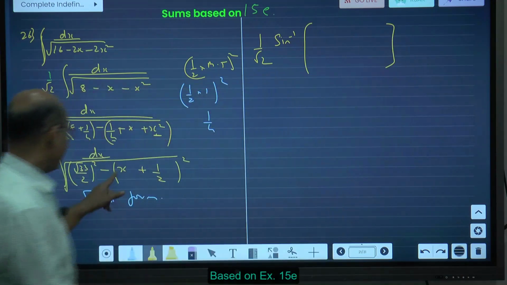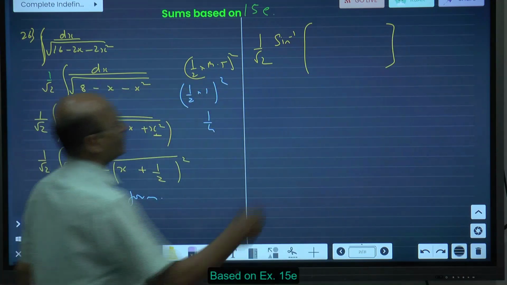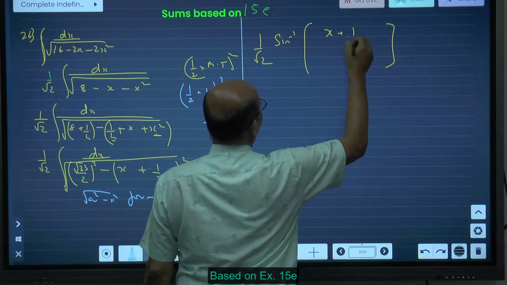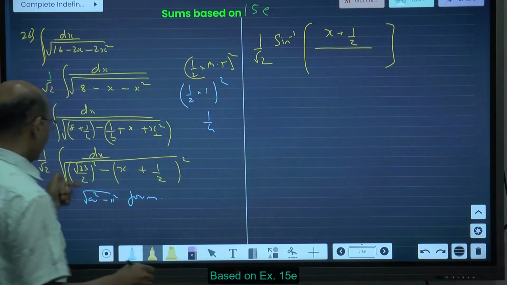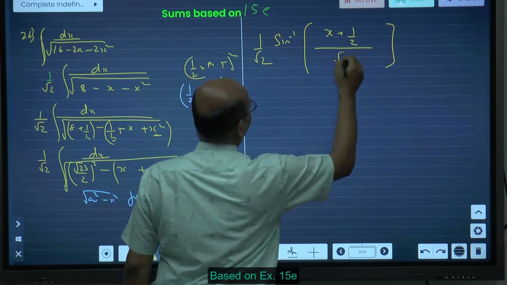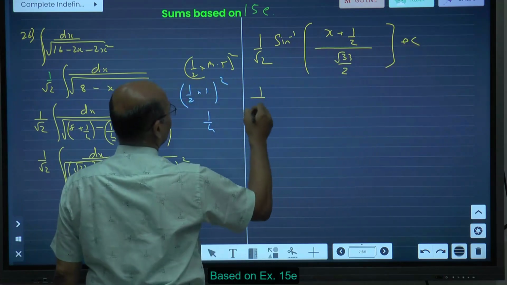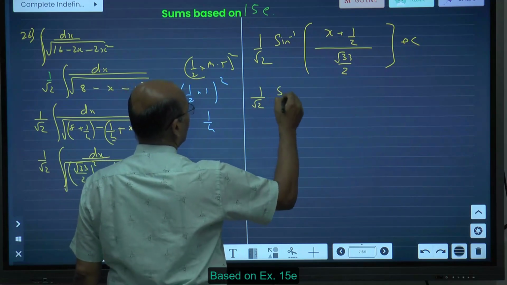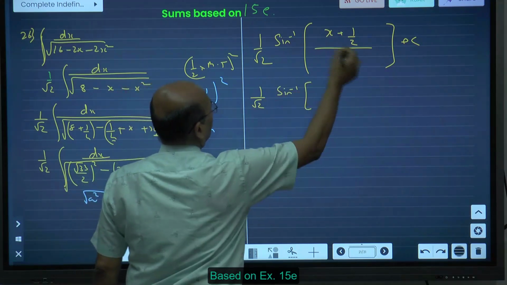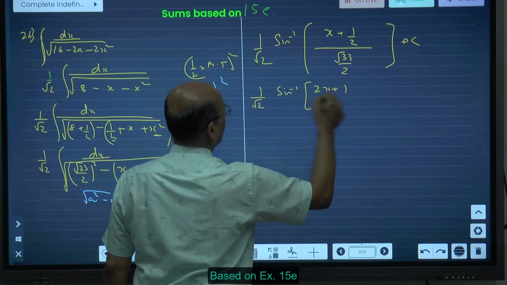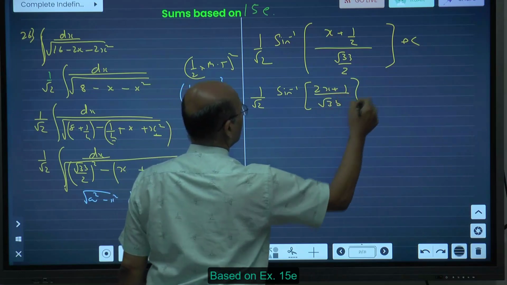Now what is my x here? This is my x plus 1 by 2 upon a. A is nothing but root 33 upon 2 plus c. So you can further simplify 1 upon root 2, 2x plus 1 upon root 33 plus c.